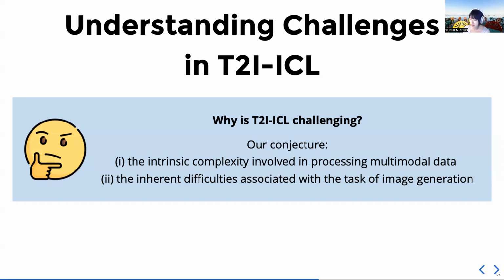So maybe this kind of long tail or out-of-distribution makes it too hard for the model to even generate the image. Even if we directly ask it to generate the pig walking in the glacier, it might also be challenging. So this might not be only because of understanding the context.